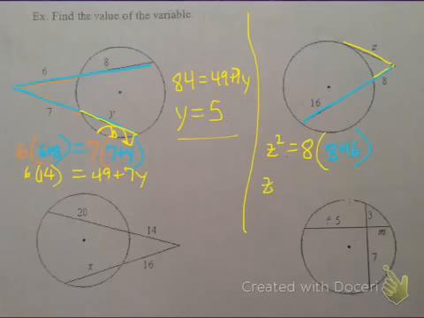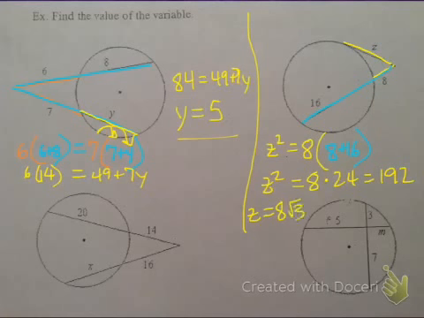Okay, so z squared is 8 times 8 plus 16, which is 24. 8 times 24 is 192. So z squared equals 192. We want to square root that and simplify. When we do, we get z equals 8 root 3.